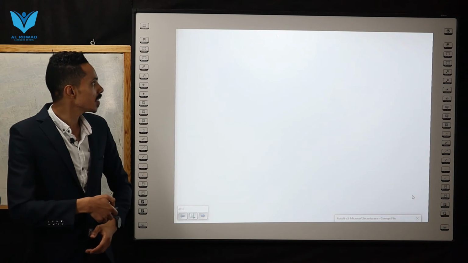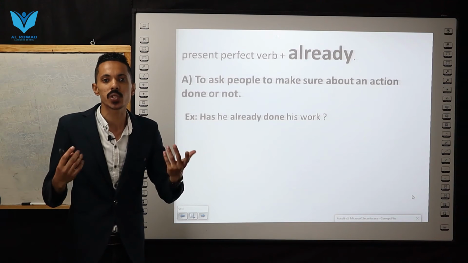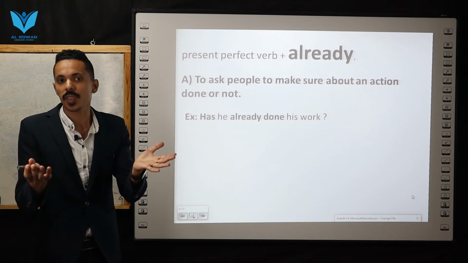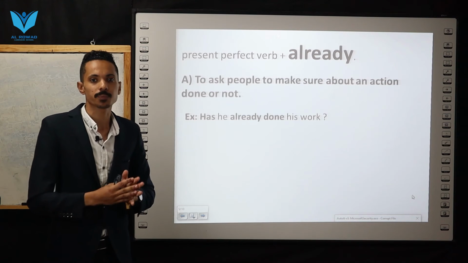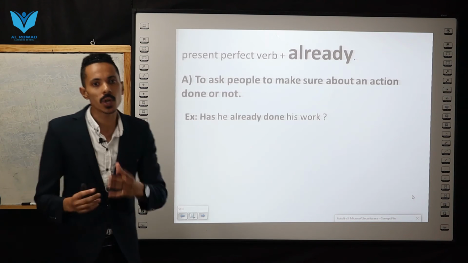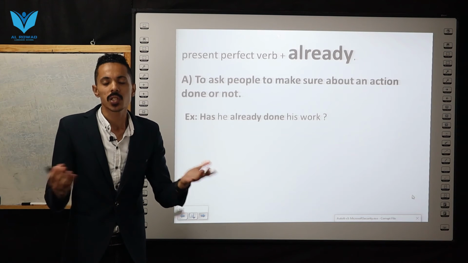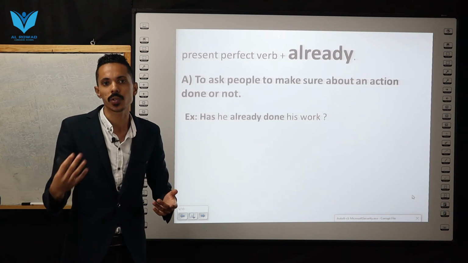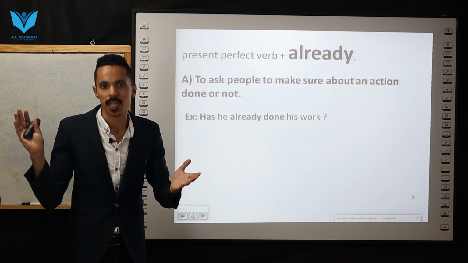Okay? So after that, already. It's another word I can use plus the present perfect verb to talk about something in the past. As I told you, if you want to talk about or ask about experience in the past, you will use present perfect verb plus ever or never or before. It's better than using the past simple.